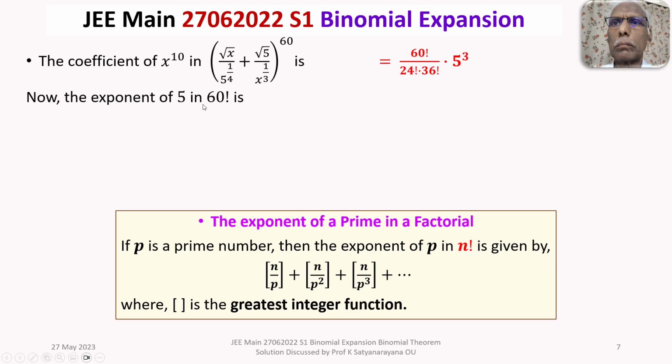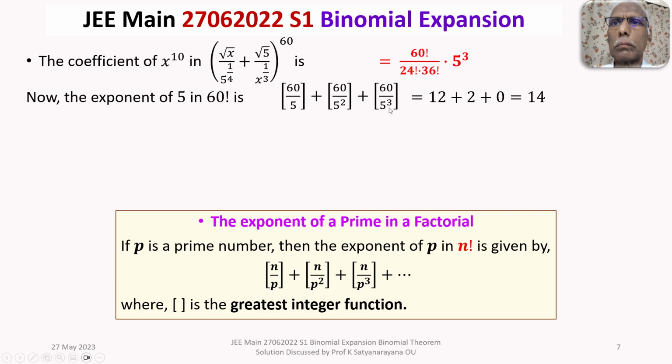Now in our case, n is 60 and p is 5. So it will be [60/5] plus [60/5 square] plus [60/5 cube]. 60 by 5, 12 5s are 60, so it is 12. 60 by 25, 25 2s are 50, so it is 2.